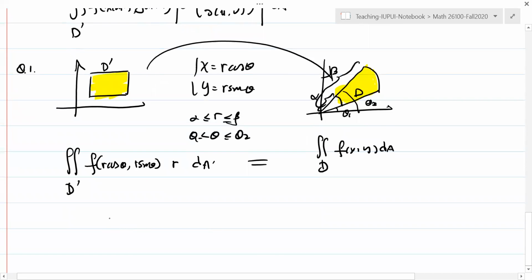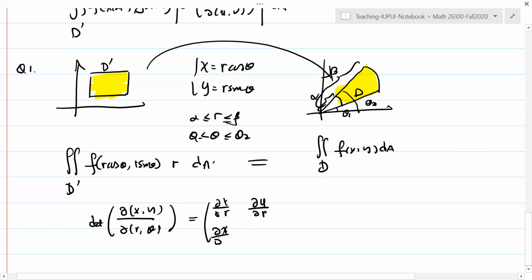So you can look at the determinant of this matrix: the partial derivative of x with respect to r, partial derivative of y with respect to r, and partial derivative of x with respect to theta, partial derivative of y with respect to theta.